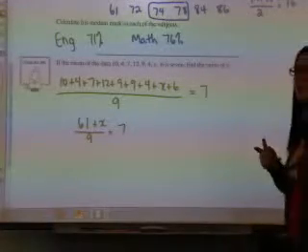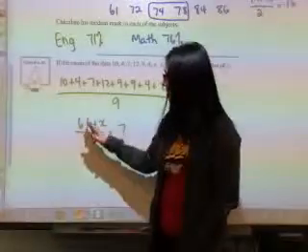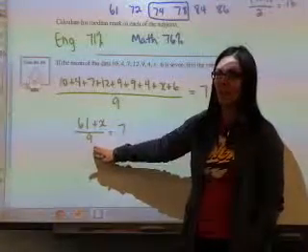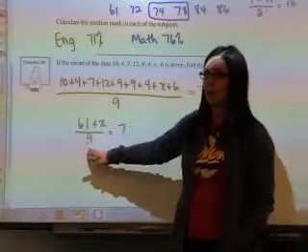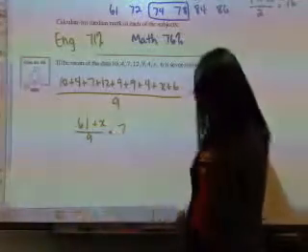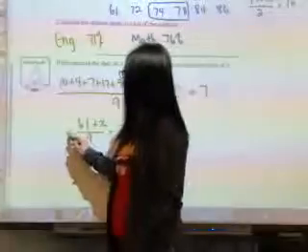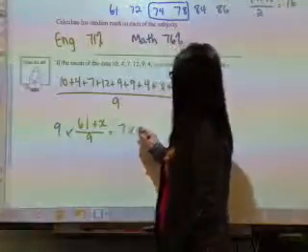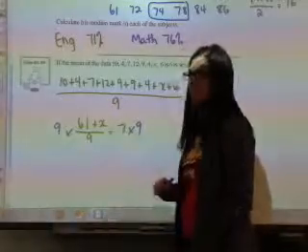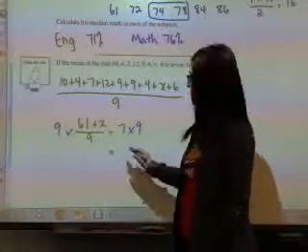So I have to think in terms of order of operations. I would take x, add it to 61, and then divide that answer by 9. So if I work backwards, instead of dividing by 9, I would multiply by 9. So I multiply both sides by 9. What's 9 times 7? 63.